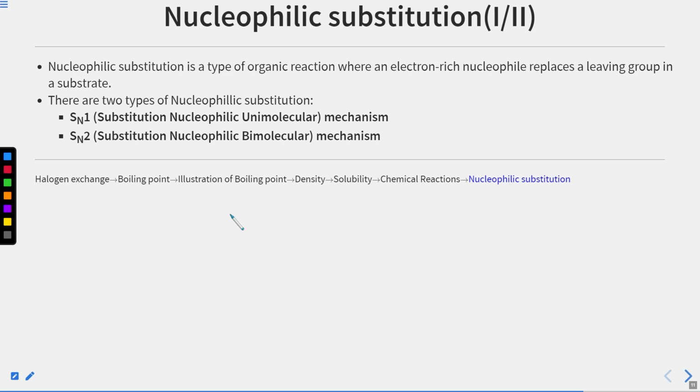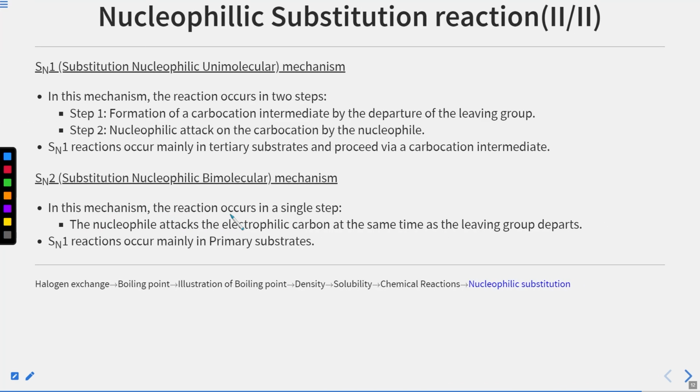First let's look at what happens inside the nucleophilic substitution reaction. First of all, SN1 occurs in two steps.